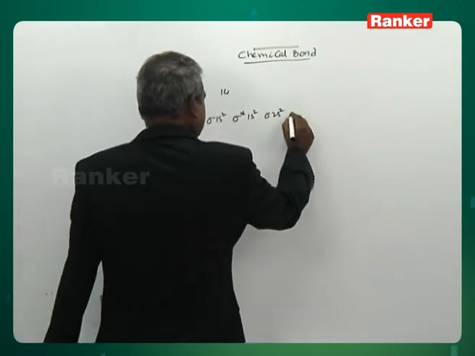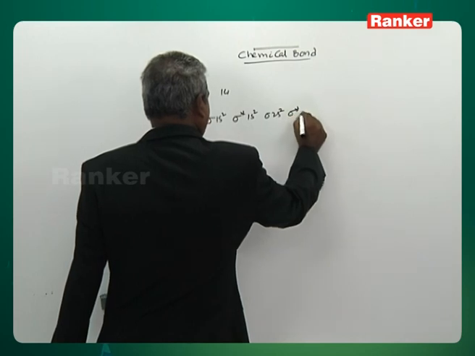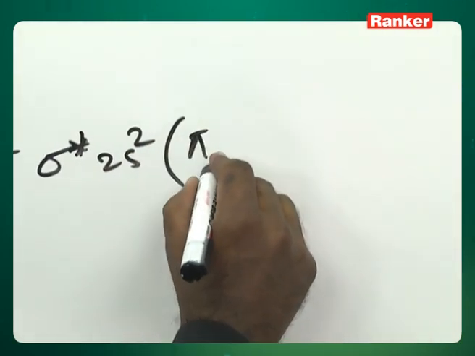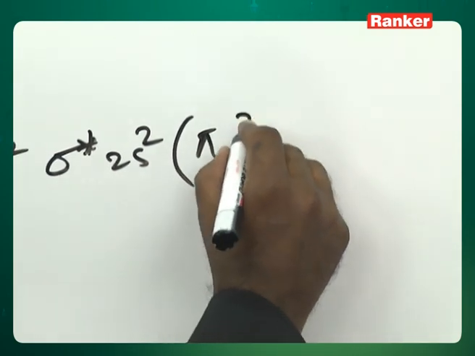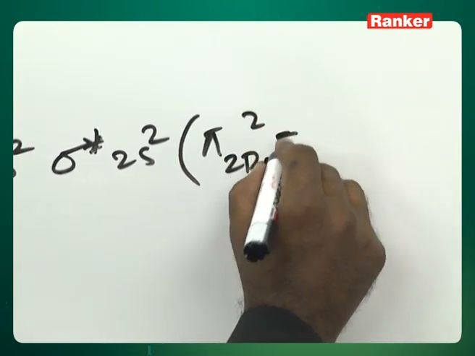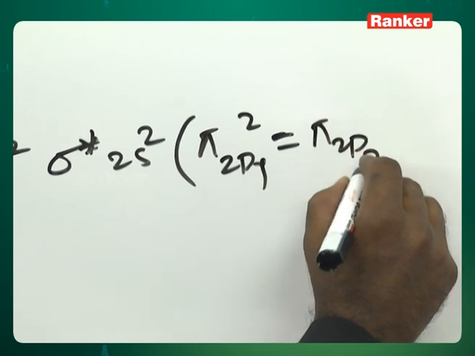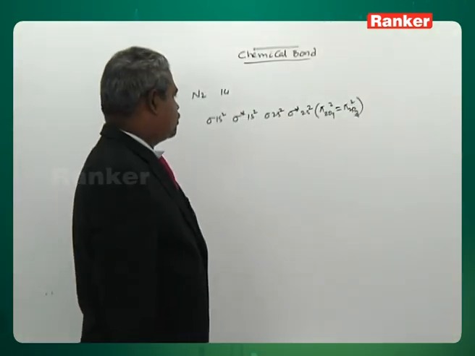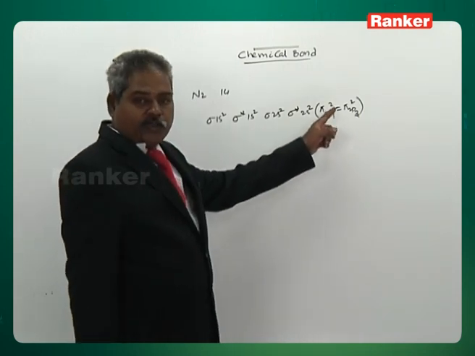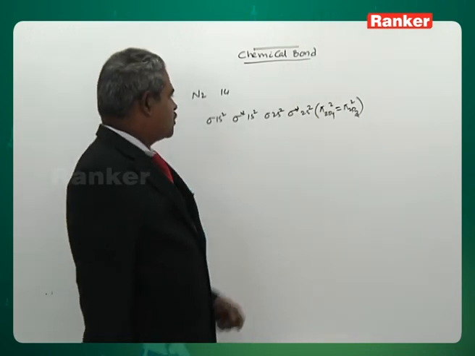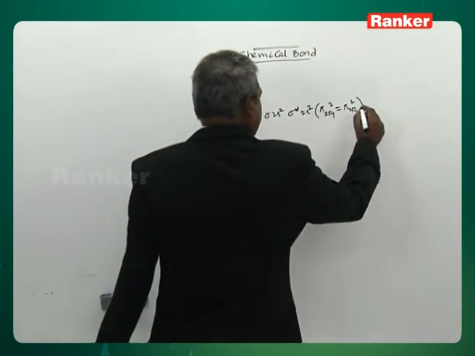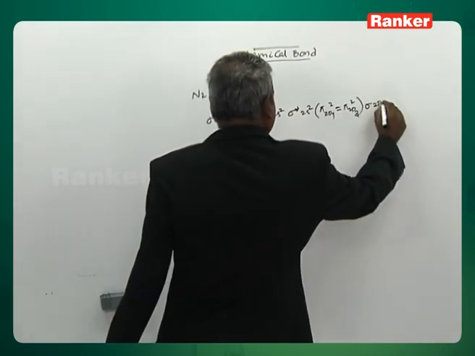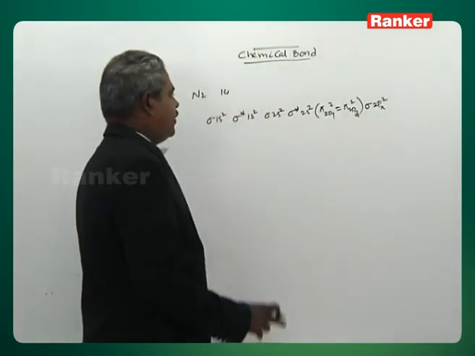Sigma star 2s2. 8 electrons are over. So, pi 2py2, pi 2pz2, they are equal. So far 12 electrons are over, and sigma 2px2.